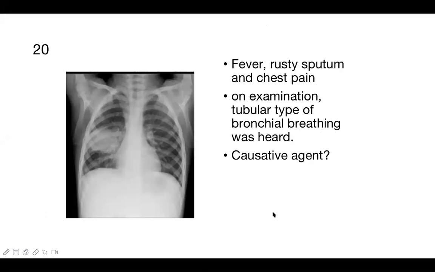Sir, pneumococcal pneumonia. Okay, fine. So what's your reason for that? Sir, because it looks like lobar pneumonia, and there is rusty sputum, sir. Okay. Any other students?